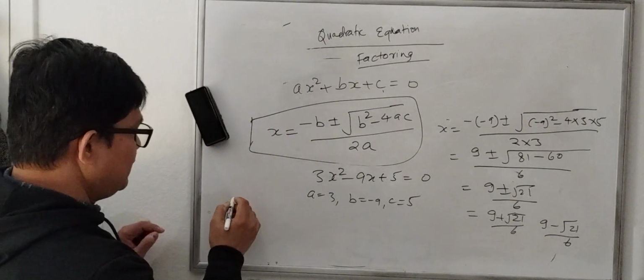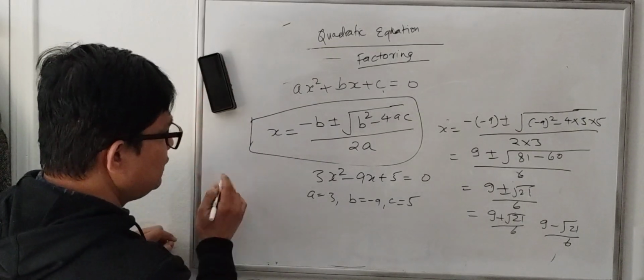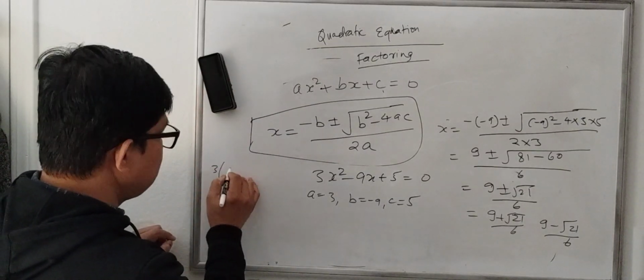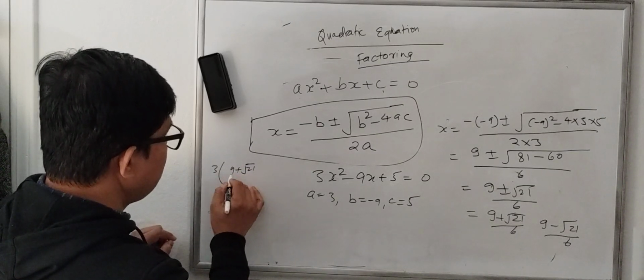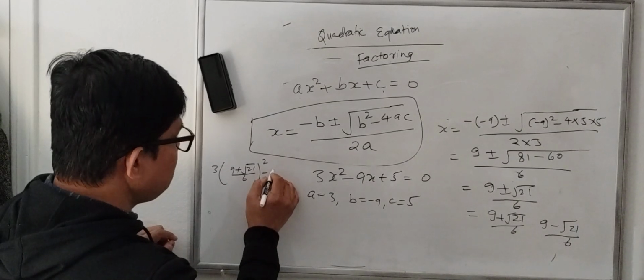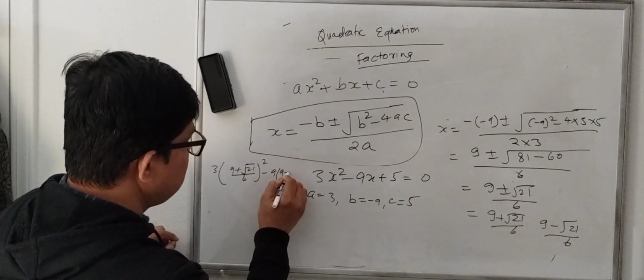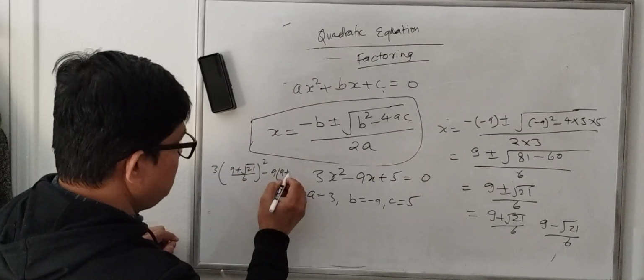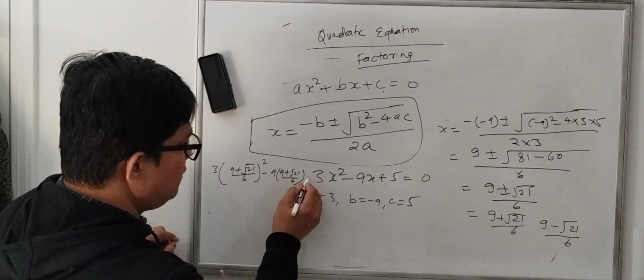Let's try that. So let me use here 3x squared. X is 9 plus square root of 21 divided by 6, minus 9 times 9 plus square root of 21 divided by 6 plus 5.